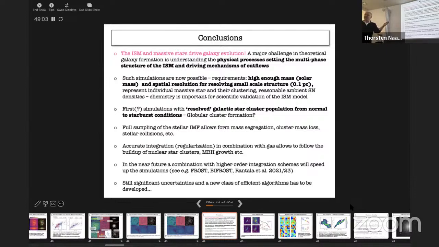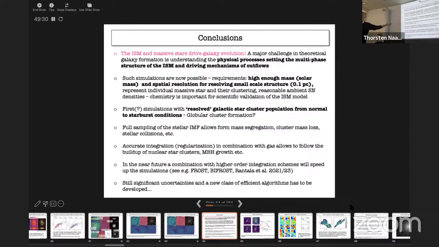Pair-instability supernova tracks are included here. I didn't mention this. There's a gap in an initial mass of a star where there's no remnant of the star. You explode as a pair-instability supernova. So this is a whole world in itself, which might or might not impact some of the results here.